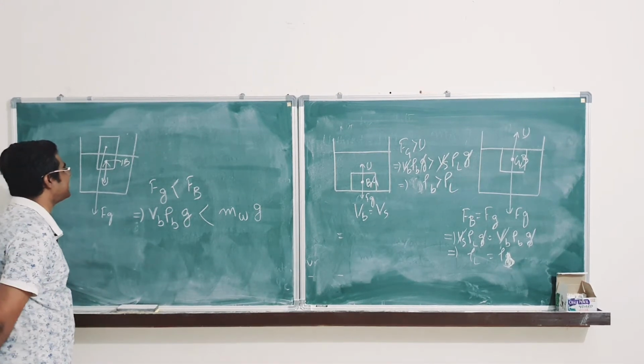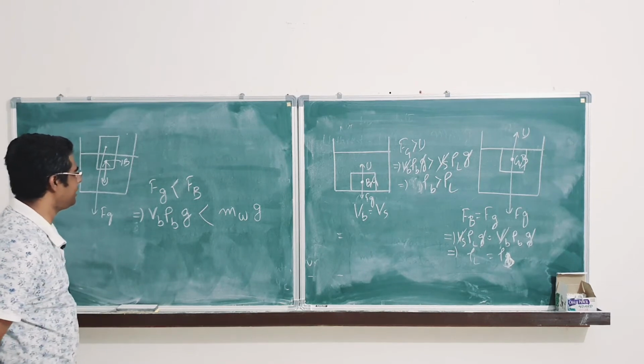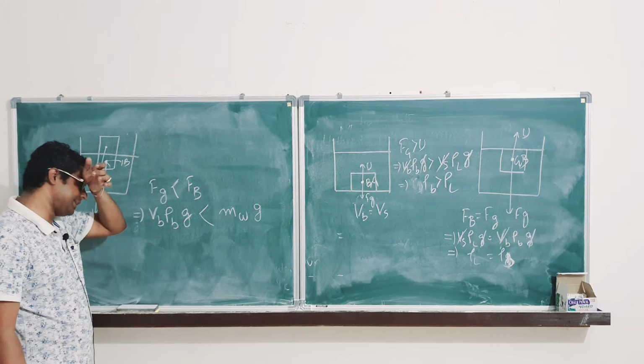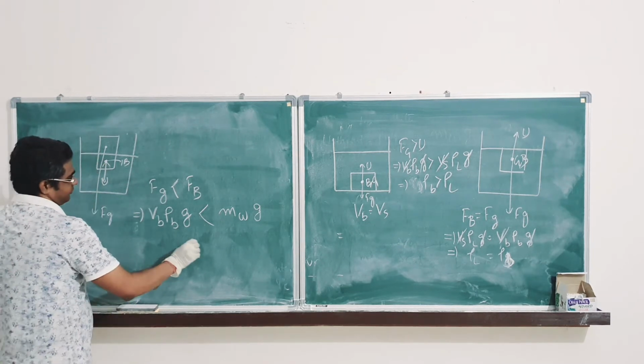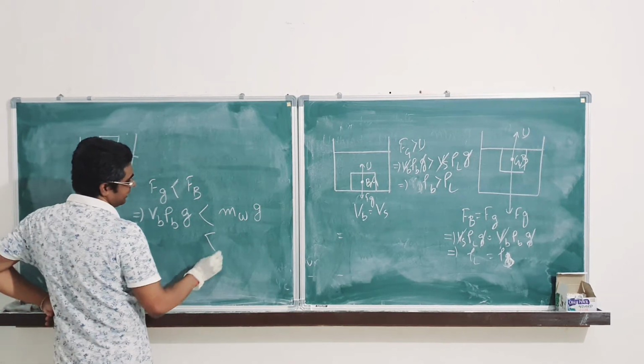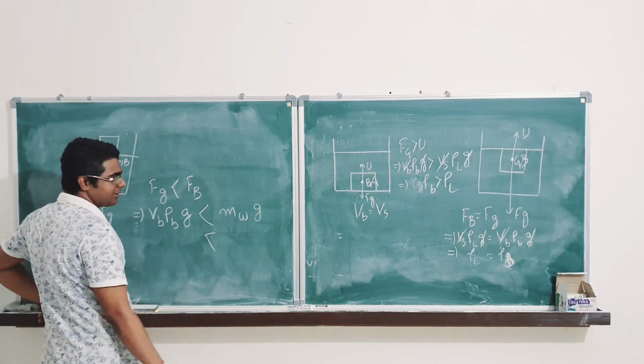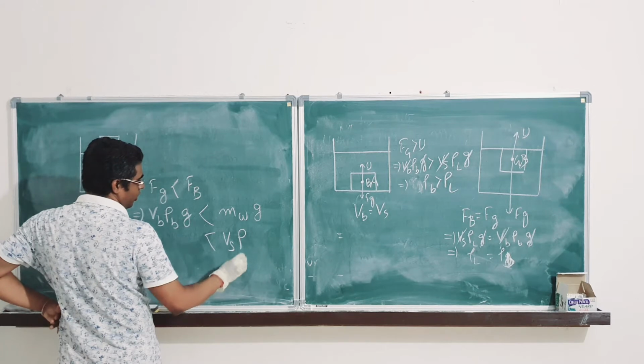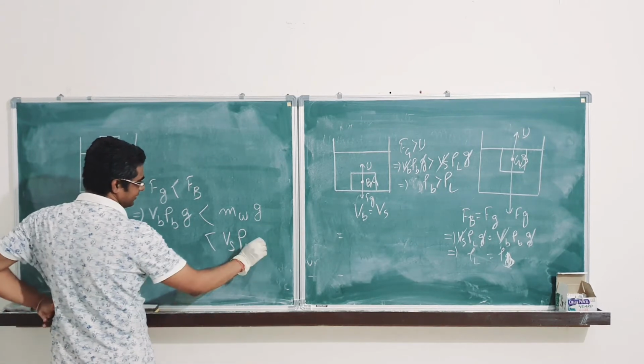So in this case it is completely different because here you are considering this Vb and rho b. Definitely this will be mass of water, means mass of water displaced. Now mass of water displaced means Vs rho L, ठीक है, g.